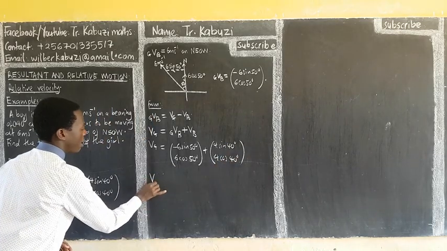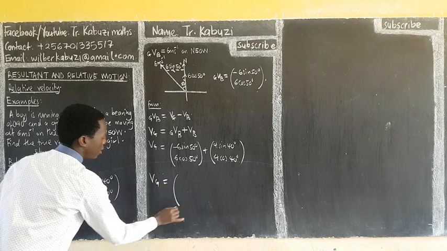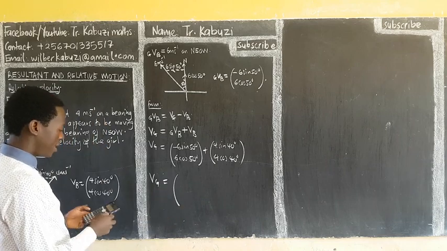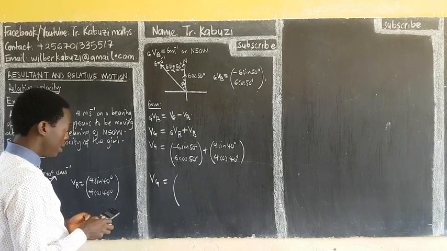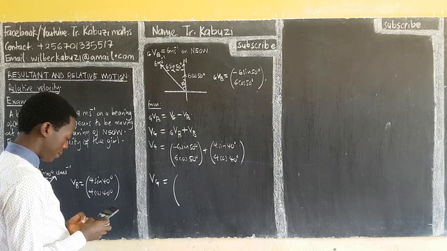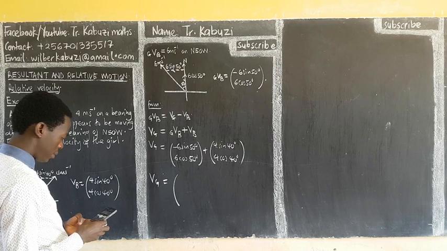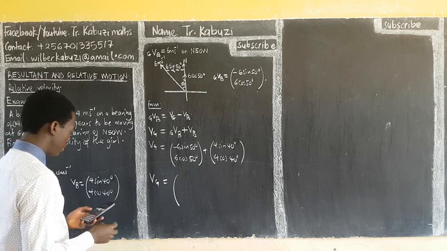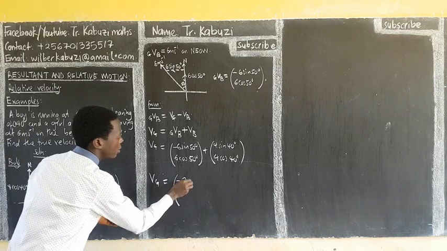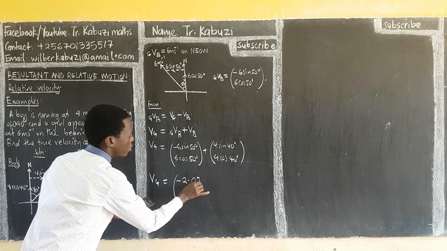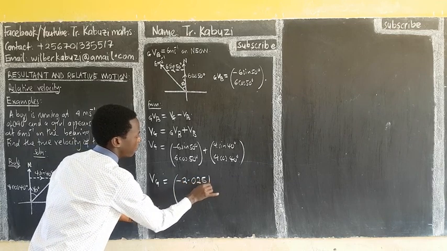So from there, you give your answers to the small places. This is negative 2.0251.